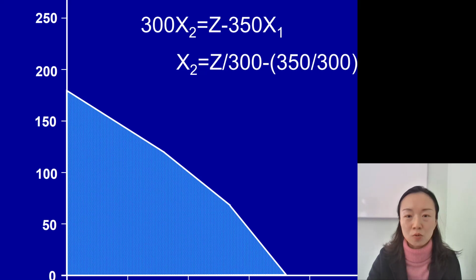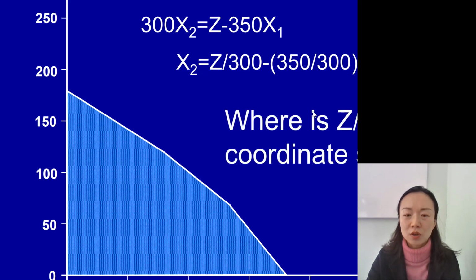Now we've changed our objective function into this format. That's the standard format when we try to represent x2 in this coordinate system. So x2 is on the vertical side, and it equals this value minus another numerical value multiplied by x1.